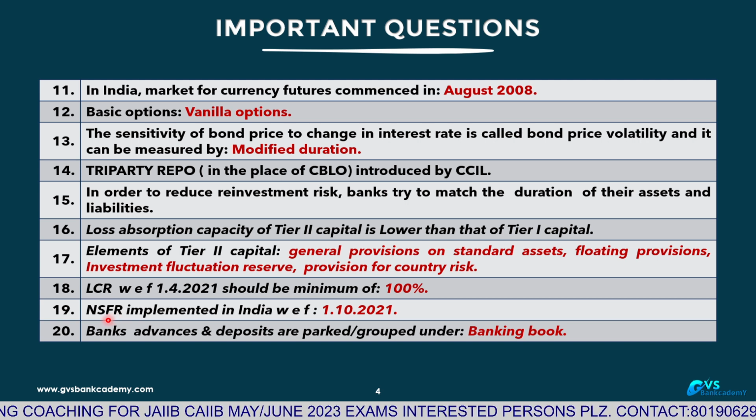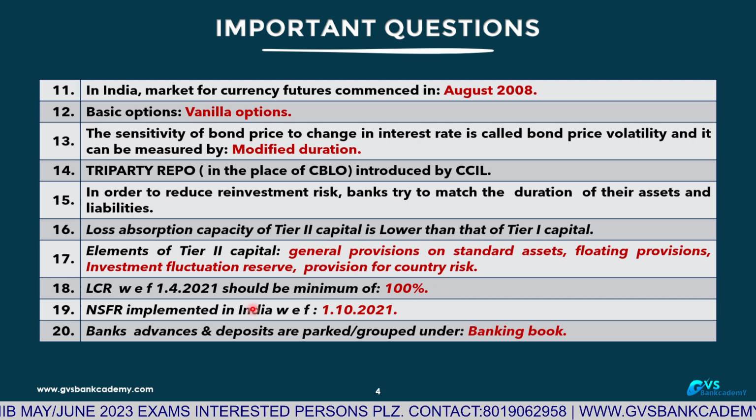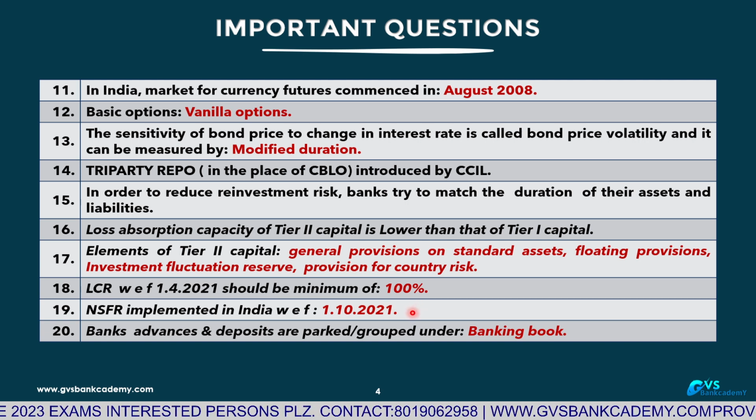Presently, the net stable funding ratio requirement is also 100%, for funds up to 1 year origin. Liquidity coverage ratio is up to 30 days. Net stable funding ratio is up to 1 year. They have to maintain 100%.